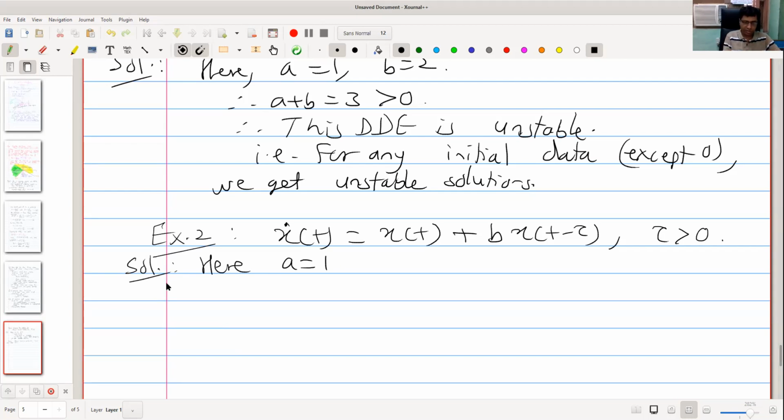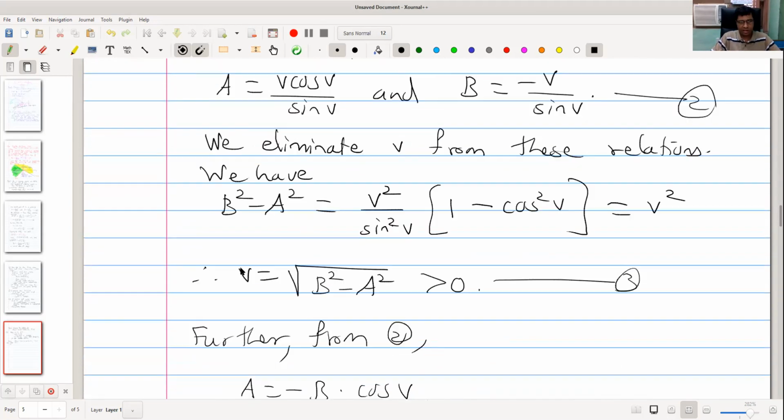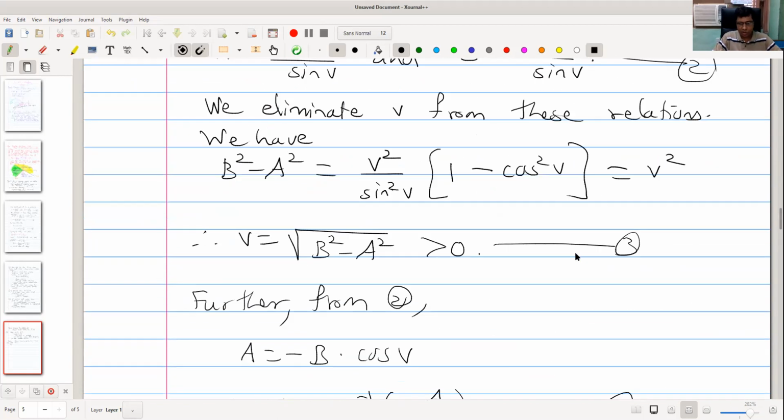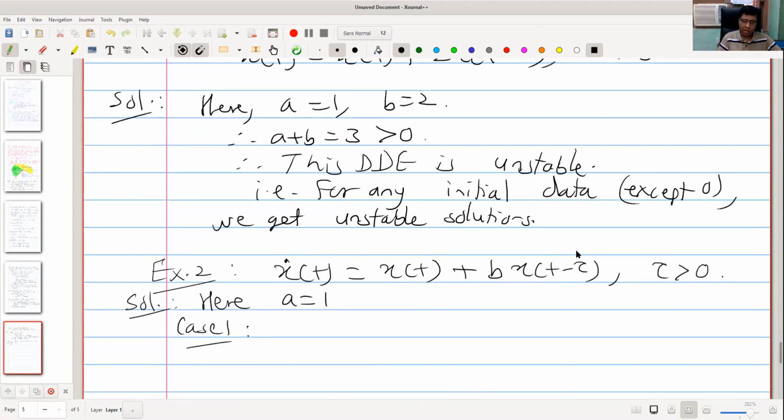Case 1. We use this theorem. This theorem says that the first case is small a plus b greater than 0, then the DDE is unstable. Our small a is 1. So a plus b greater than 0 means what should be our b? b is greater than minus 1.